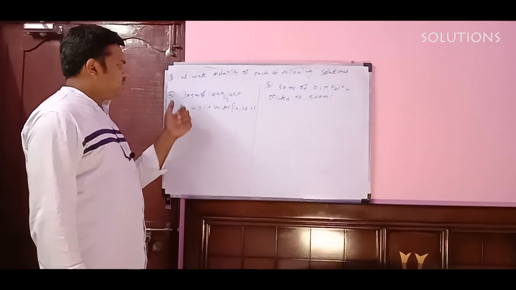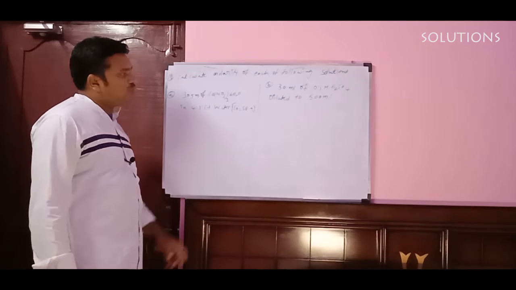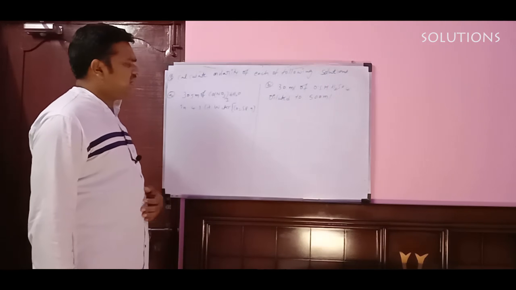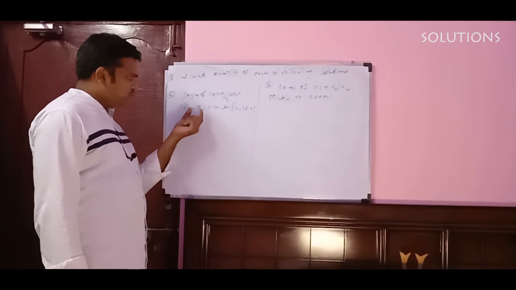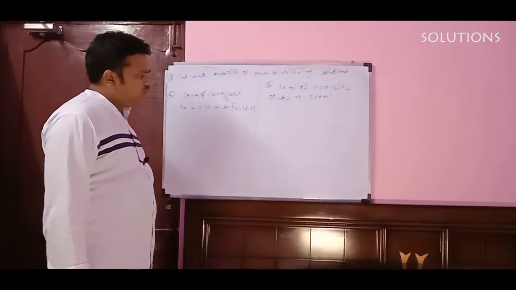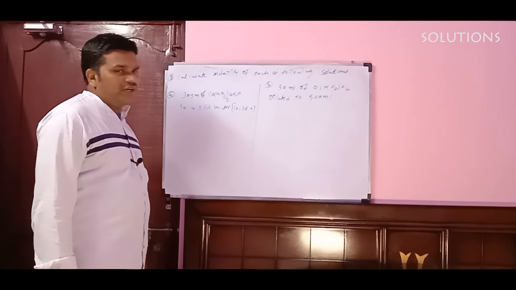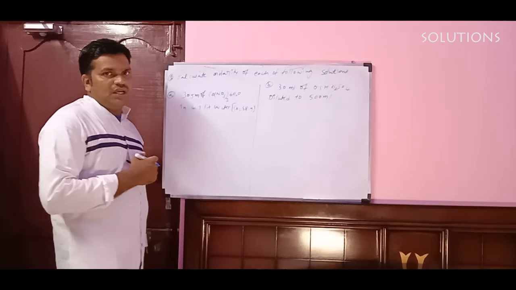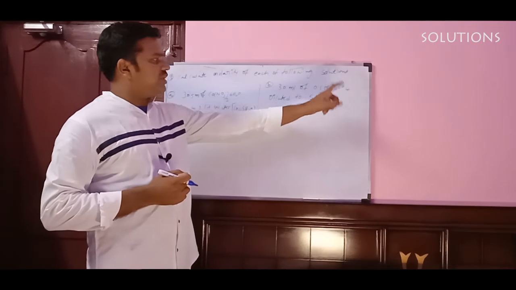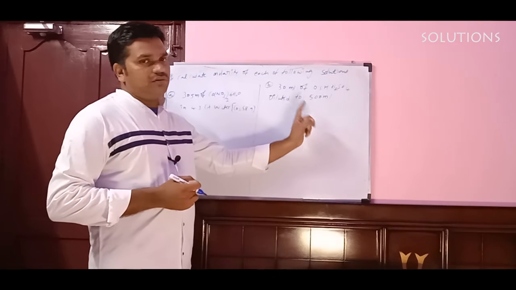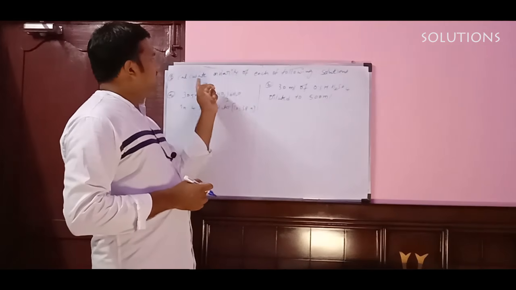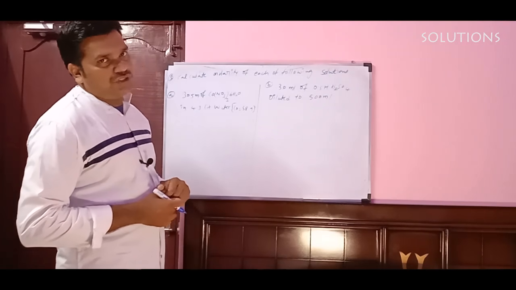Part A is 30 grams of cobalt nitrate with 6 water molecules, that is hexa aqua cobalt nitrate, in 4.3 liters of water, and the atomic weight of cobalt is given as 58.9. Question B is 30 ml of 0.5 molar H2SO4 diluted to 500 ml. They are asking us to find the molarity of each of the following solutions.